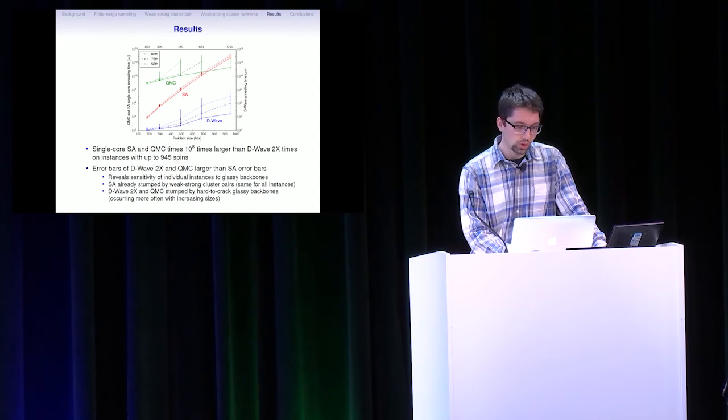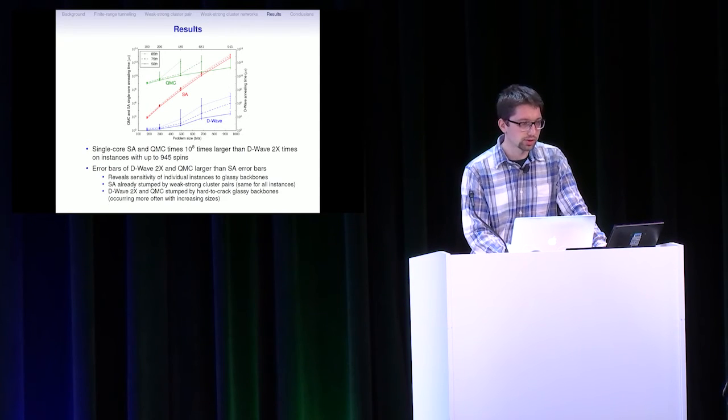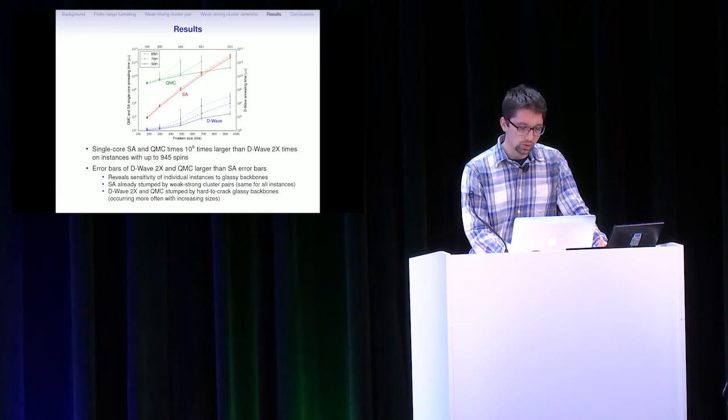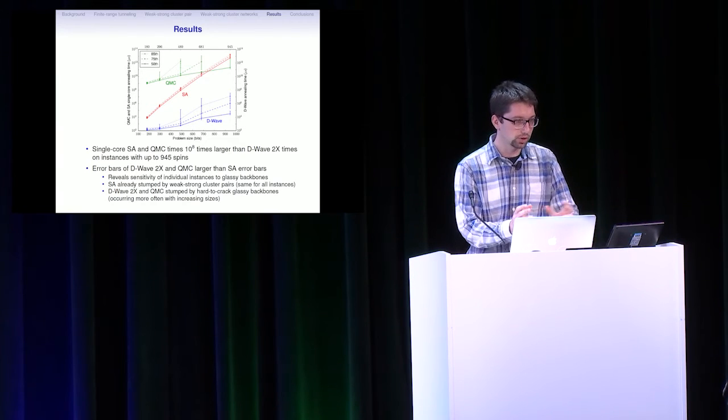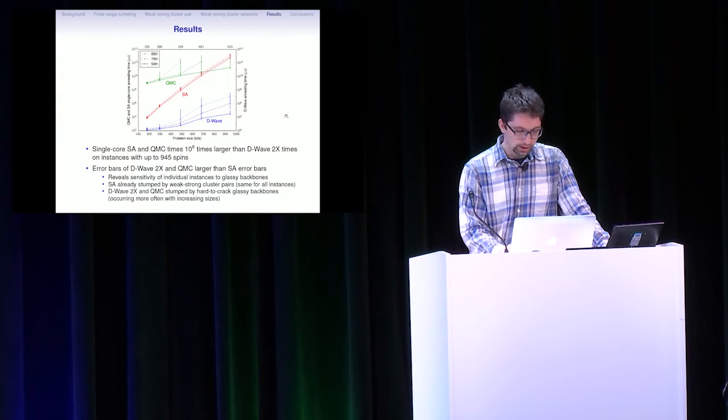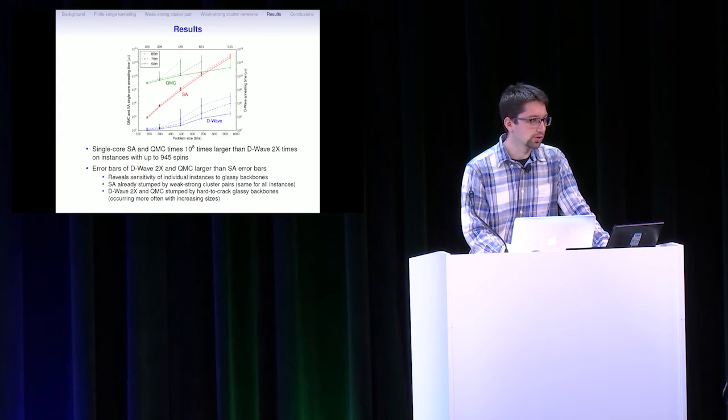The reason why the simulated annealing error bars are much smaller is that simulated annealing is already severely stumped by the weak-strong cluster pairs themselves, okay? Whereas the quantum methods can successfully solve the weak-strong cluster pairs individually, and they only get stumped by the glassy backbone that becomes more dominant as the problem size increases. And this also occurs more often with increasing problem sizes.